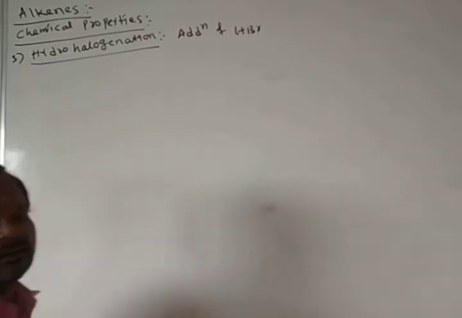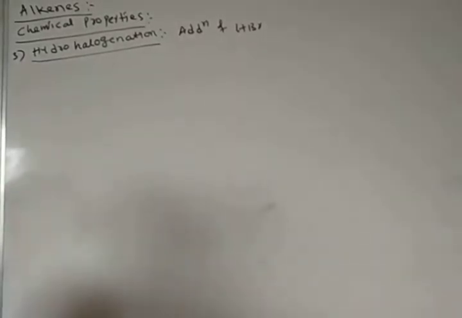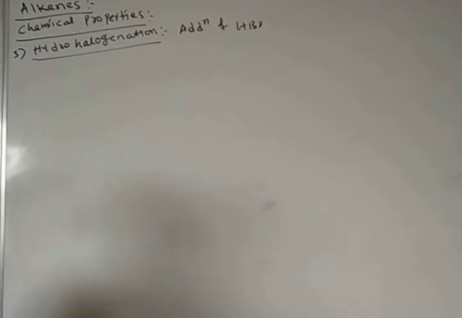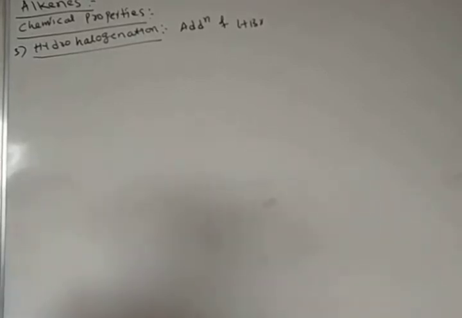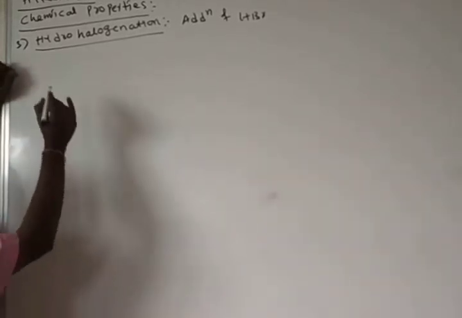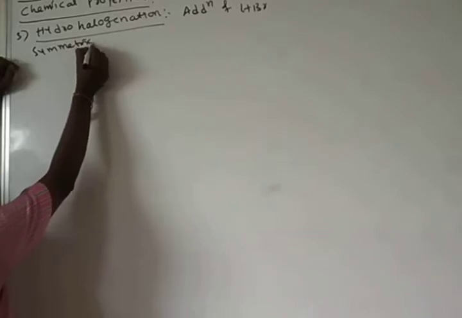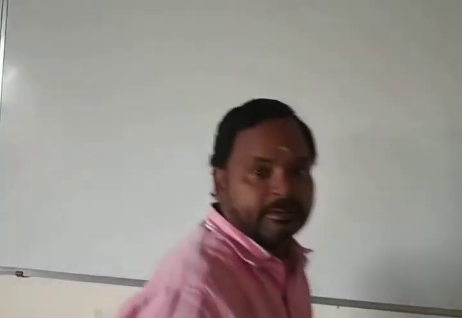Addition of HBr we call hydrohalogenation. Hydrohalogenation is observed in symmetrical alkenes and in unsymmetrical alkenes.